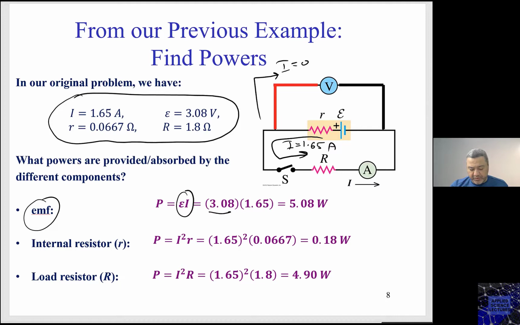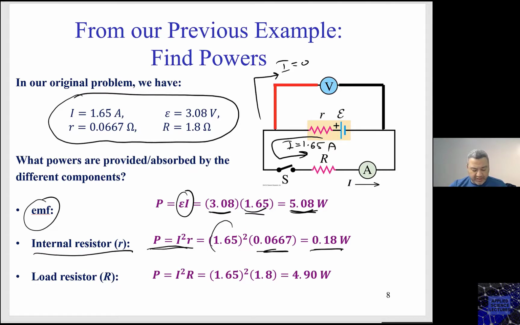So 3.08 times 1.65 is going to give me the power provided by the electromotive force, which is 5.08 watts. Now the internal resistance r, I know the value of the resistance, I know the value of the current, so I can use this expression, P equals I squared r, 0.18 watt.